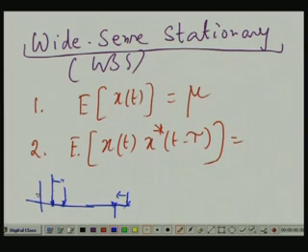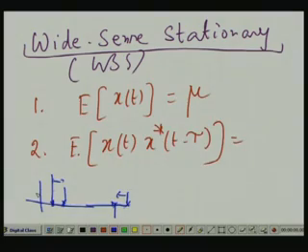So, the correlation characteristics of this process, that is to what extent two samples are correlated, does not change whether you are between 2 points here or between 2 points here, as long as the gap between the two remains unchanged. This means that this should be a function of only the gap tau.